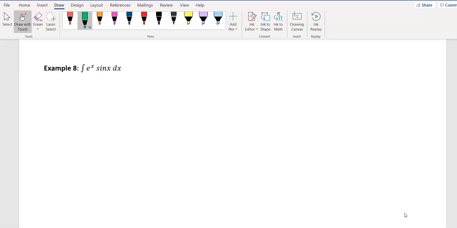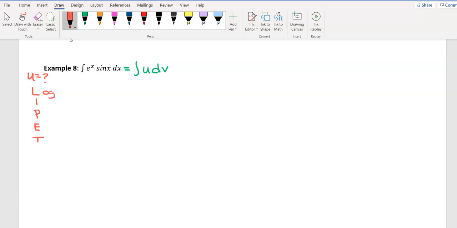The process for this starts the exact same way we've been doing it before. We're being given an integral, e to the x times the sine of x. Notice these are two very separate functions here, so we're going to define this integral as our u dv, which means we need to figure out what u is equal to, and we need to figure out what dv is equal to. You want to start with what u is equal to using the idea of LIPET again.